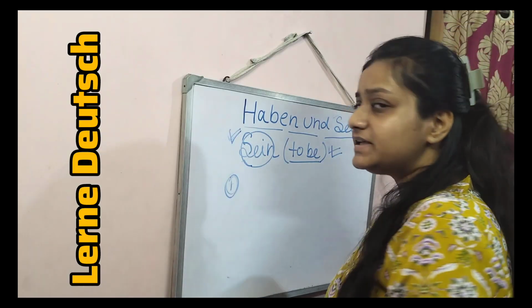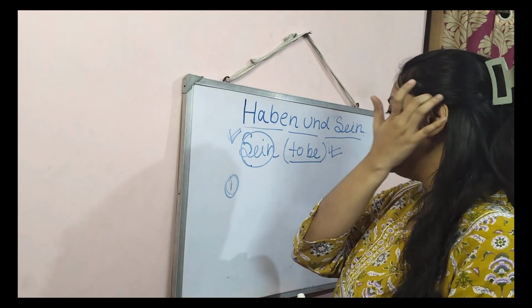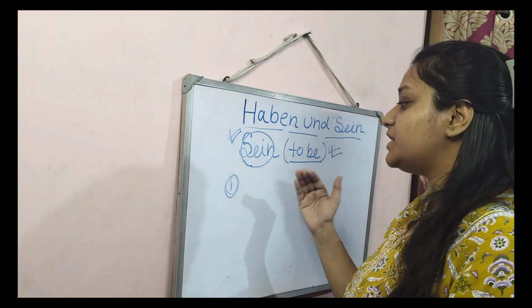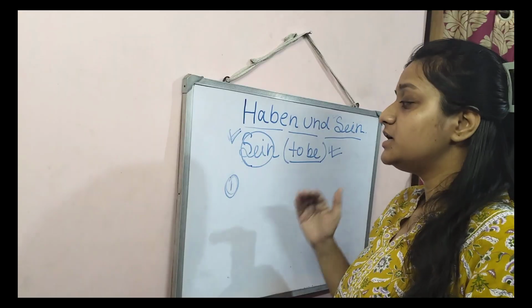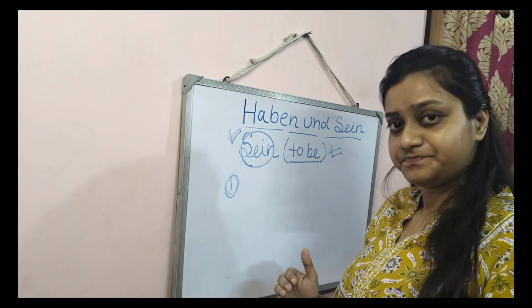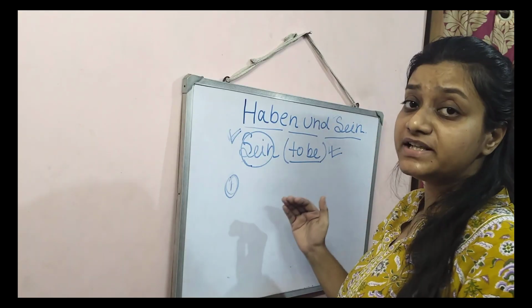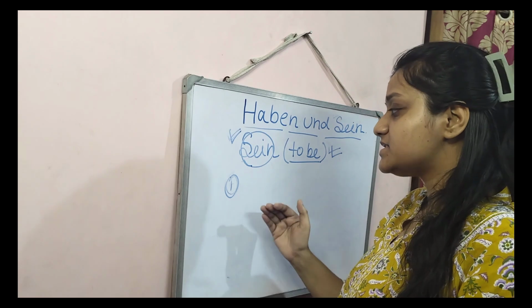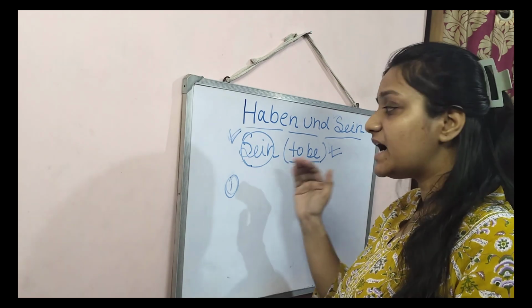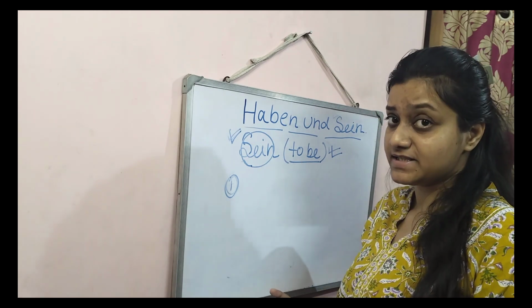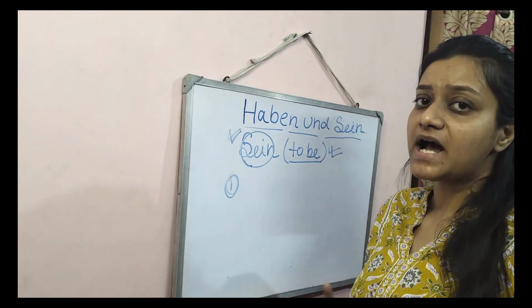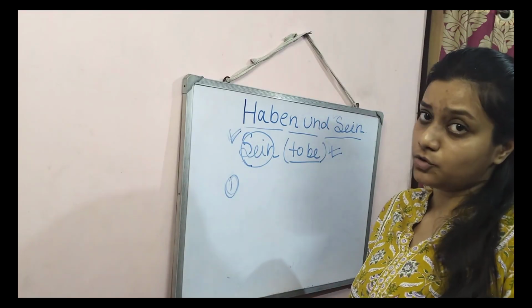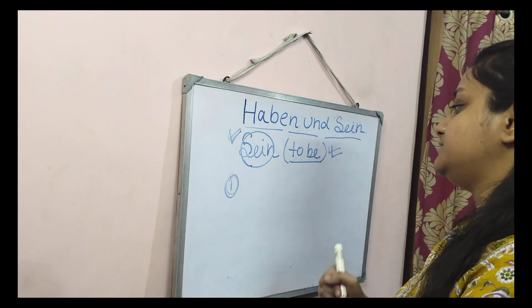So let me clear what the sein verb is first, and then I will show you the conjugation. Sein verb means to be. And where is it used? The sein verb in German sentence structure is used for identification, condition and location.